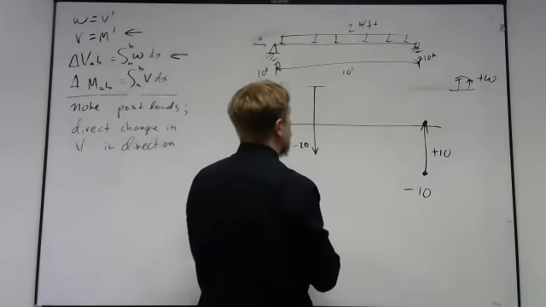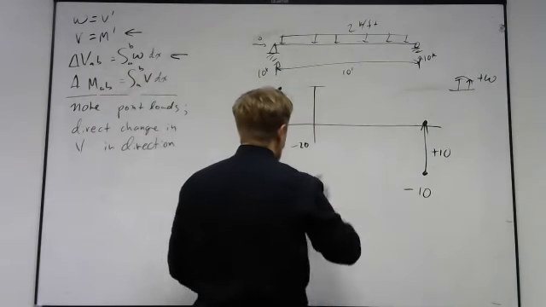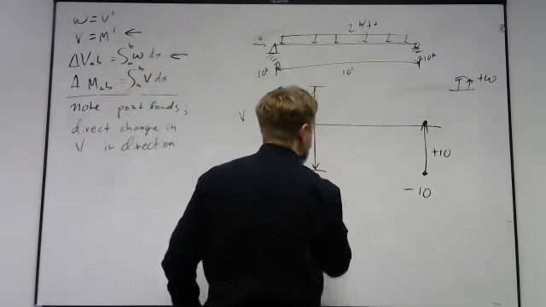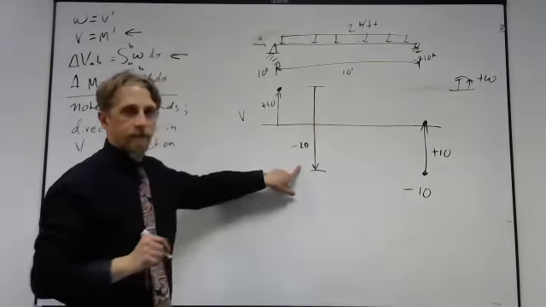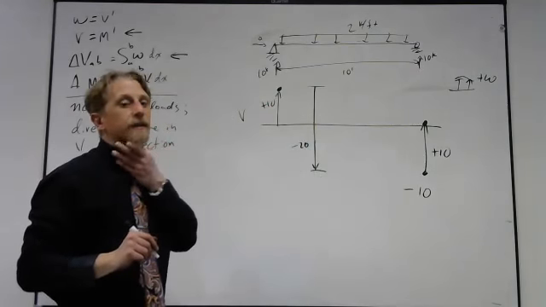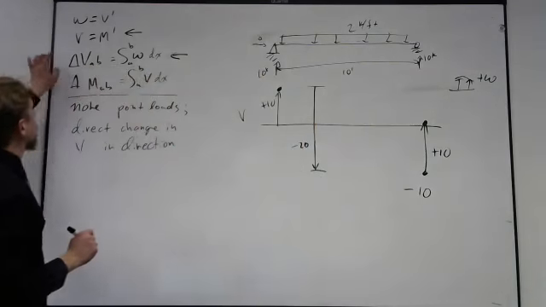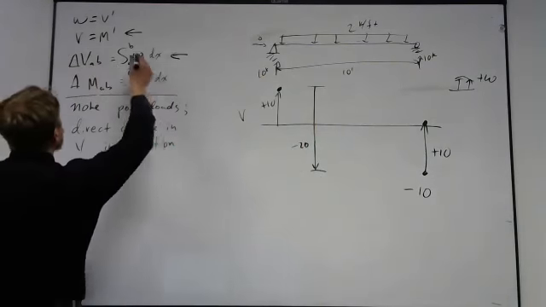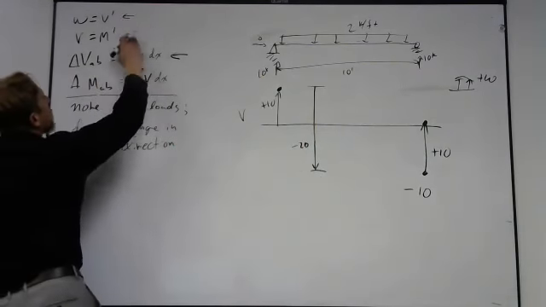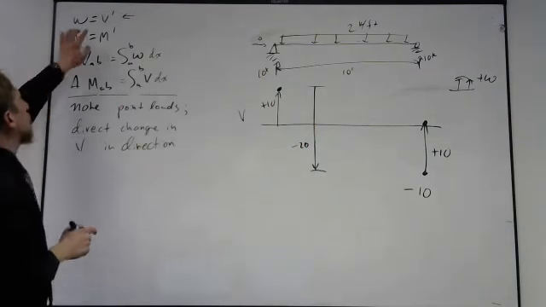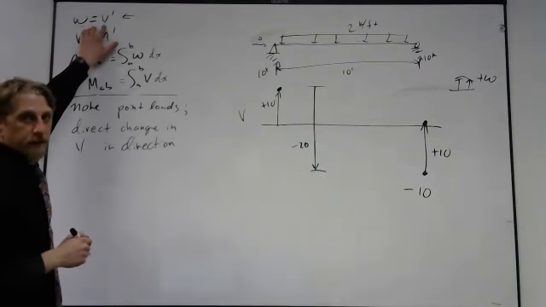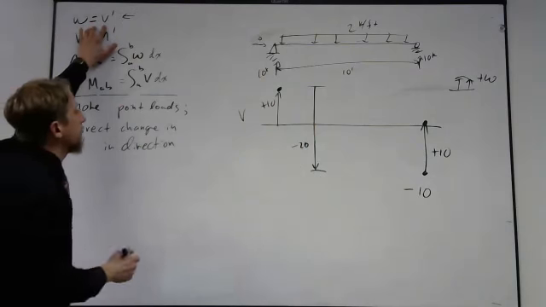Okay, so what happened in between these points? I know I went down by 20 from here to here. Well, how do I connect the dots? Well, now I'm talking about shape. So my shape equation is this guy. I'm talking about the shape of V, so I'll look at the derivatives of V, see how they behave.